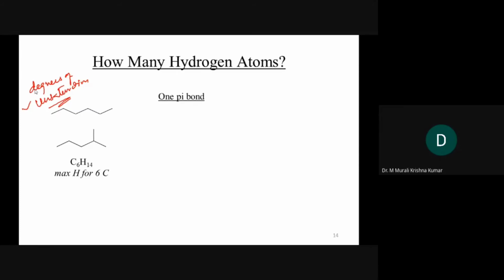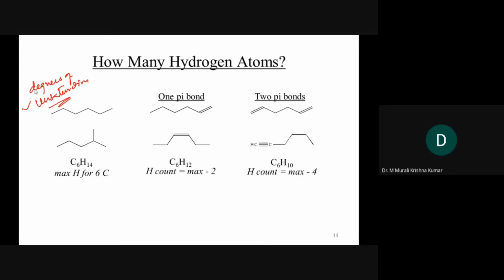This means the maximum number of hydrogens that can be loaded in an organic compound for given heavy atoms other than hydrogen, like carbon, nitrogen, etc. When one pi bond is there, the number becomes maximum minus 2. And when you have 2 pi bonds, maximum minus 4.